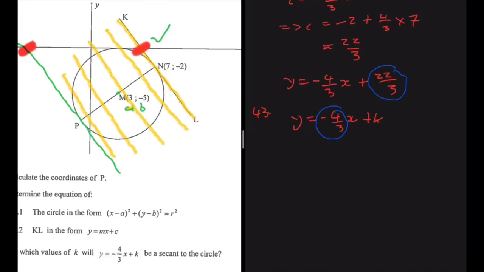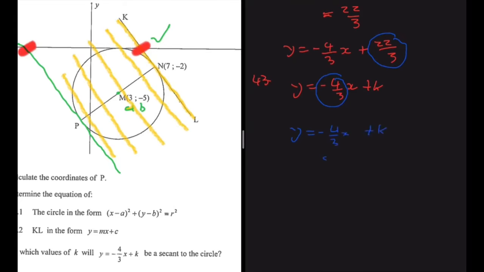And in order to do that, we're going to substitute the values of P, right? So we're going to say that y is equal to minus 4 divided by 3x plus k, obviously. And then we substitute in P. We know the coordinates of P, minus 1 and minus 8, from the above equations.